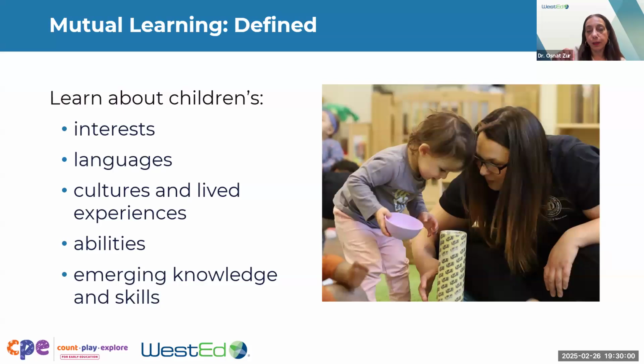Because only by knowing who the child is and learning about individual children in your group can you create learning experiences that are meaningful for them. So it starts with the basic things: what are their interests, what languages they speak.